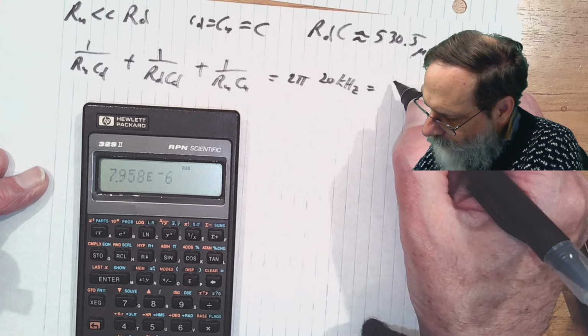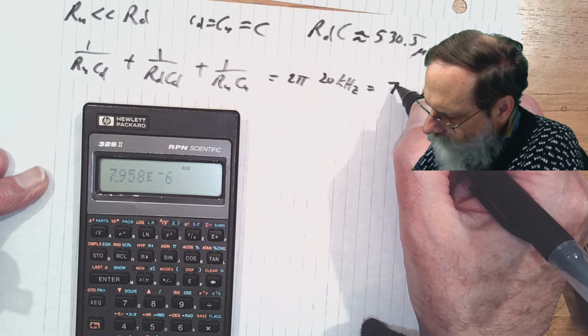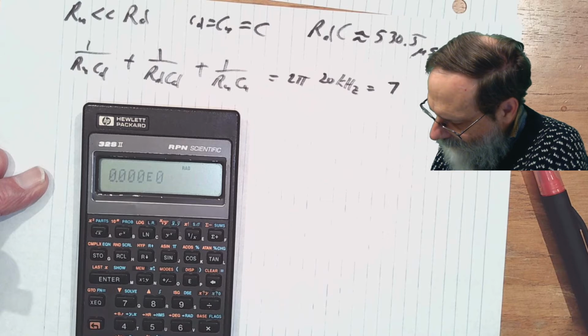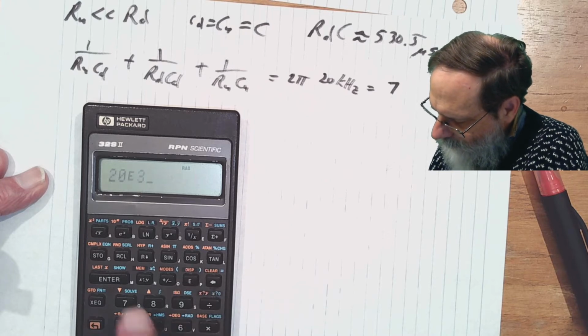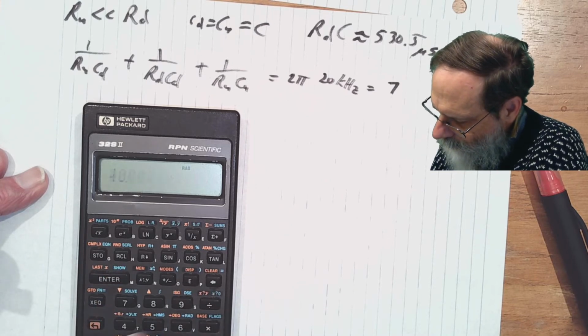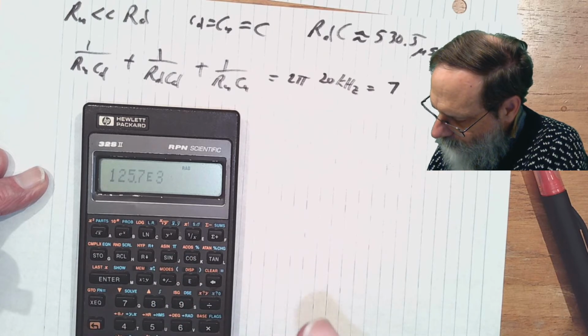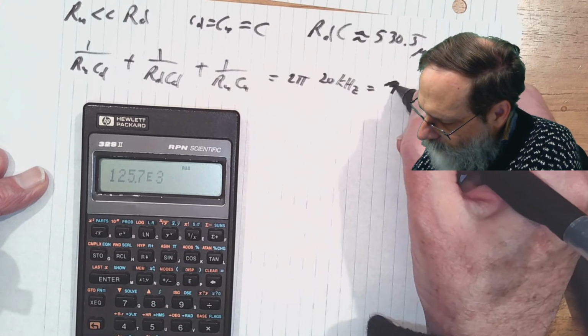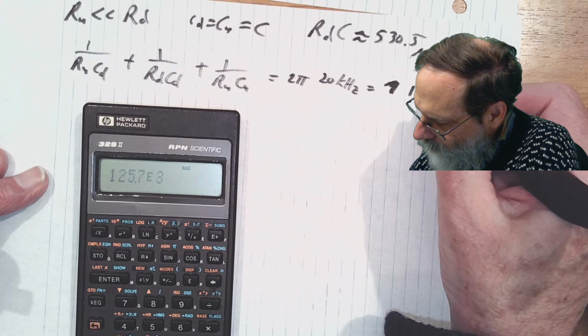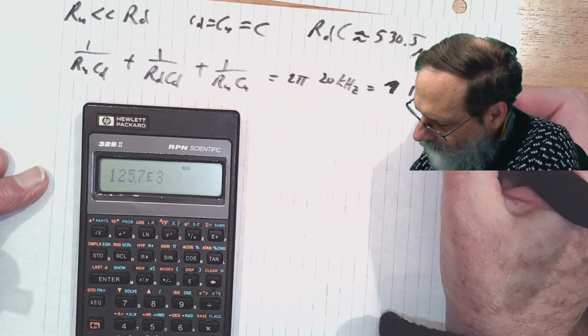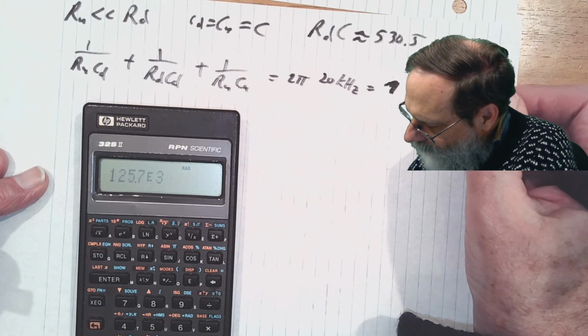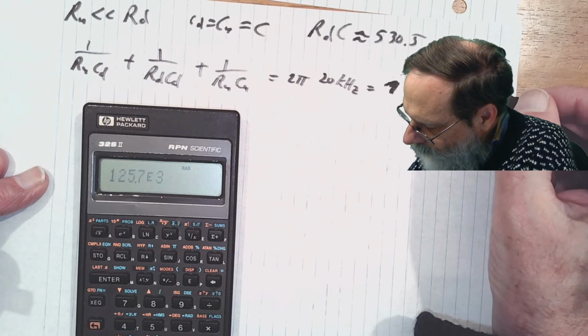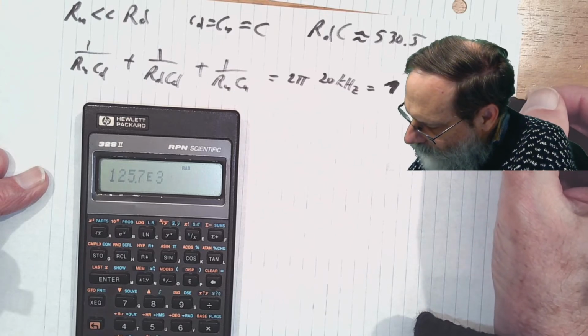That can't be right. Let me just try that again. 20 kilohertz, 2 times pi times, and that's 125.7 times 10 to the third. That's radians per second.